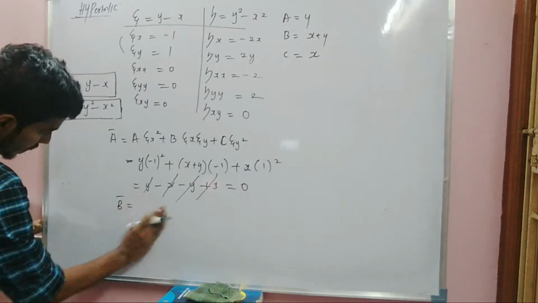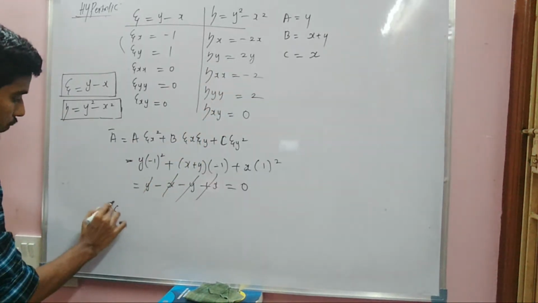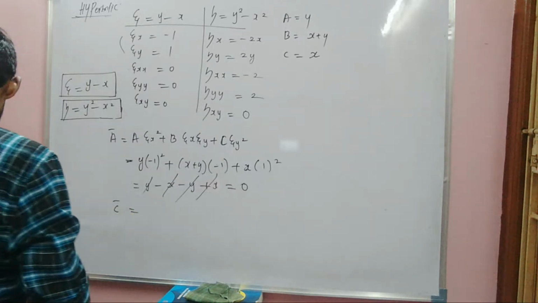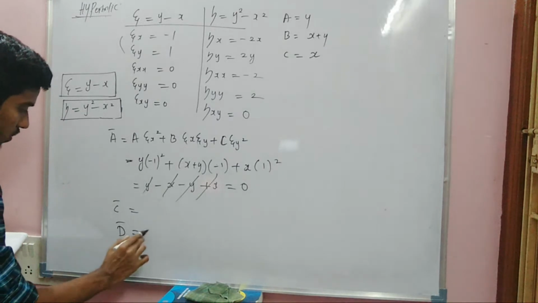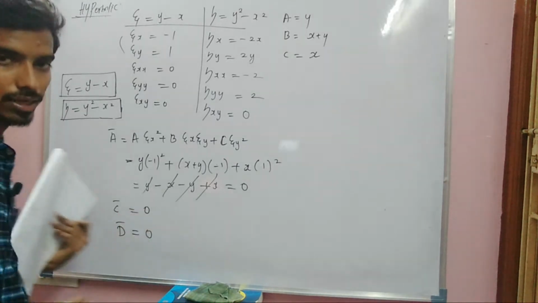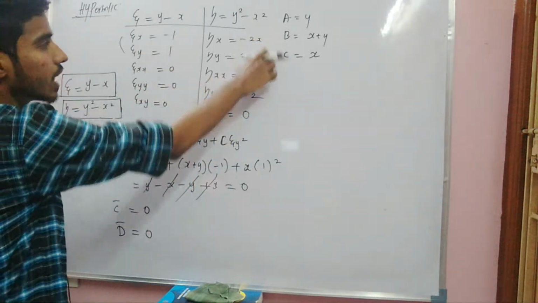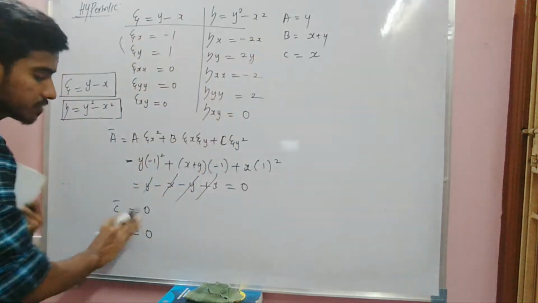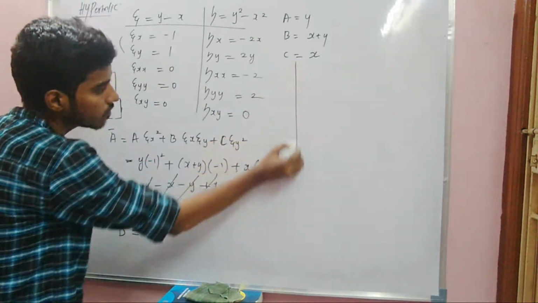Okay, I will find B bar separately. Now you will find C bar. C bar, D bar, both will be 0, right? You can check that. You just have to substitute in the formula. We already found all the terms; we have A, B, C. You just substitute in the C bar, D bar formula, and you will get 0. Now I will find B bar and E bar.